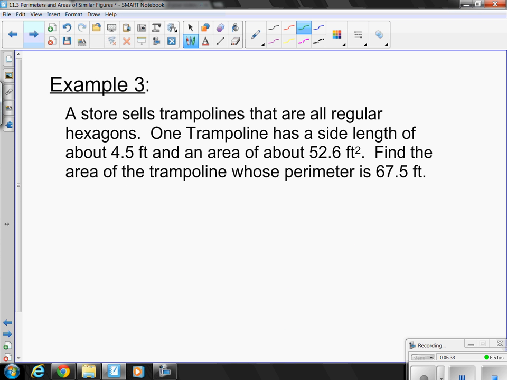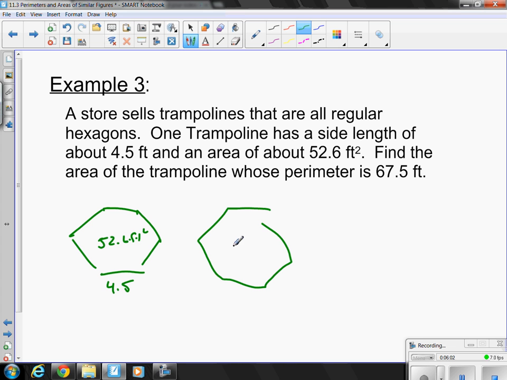In example 3, a store sells trampolines that are all regular hexagons. One trampoline has a side length of 4.5 feet and an area of 52.6 feet squared. Find the area of the trampoline whose perimeter is 67.5 feet. So the perimeter of this one is 67.5.